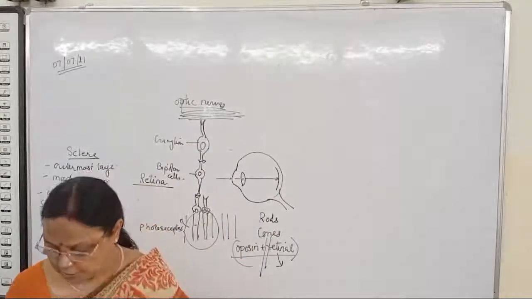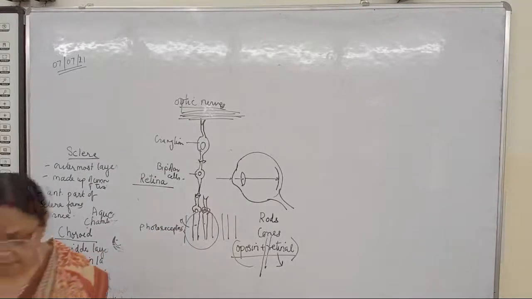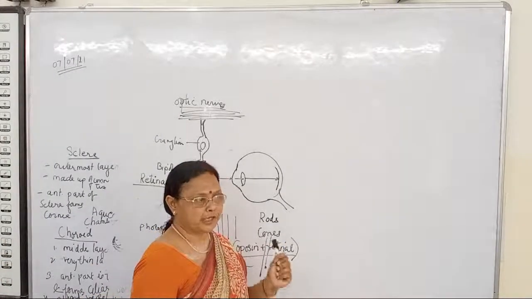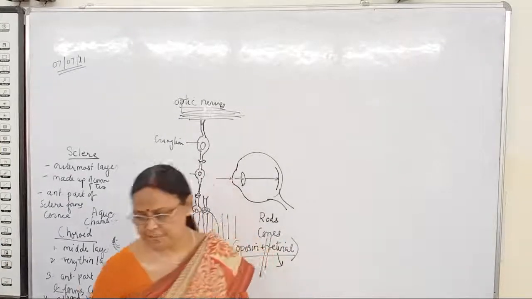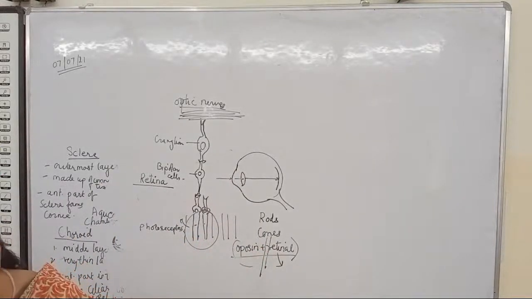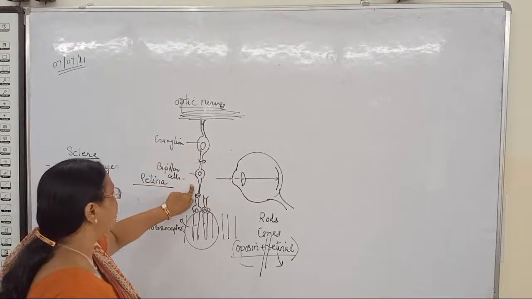They become depolarized, and then the permeability changes occur. There is depolarization, or the action potential is generated. The impulse is generated. Once this impulse is generated, it is passed on to the ganglions through the bipolar cells.